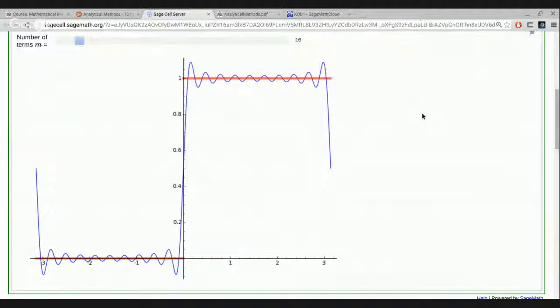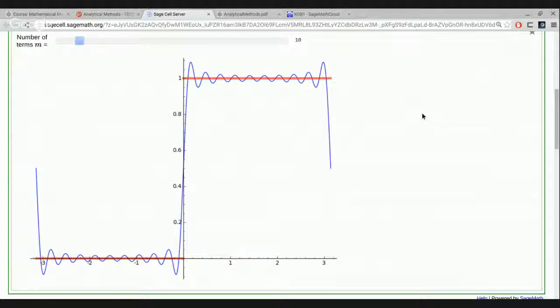Yeah, so this was one of the first examples we looked at. This was the Fourier series with the square wave function, or the Heaviside step function, if you like. The original function f is shown in red here. It takes the value 0 from minus pi to 0, and then it hops up to the value 1.